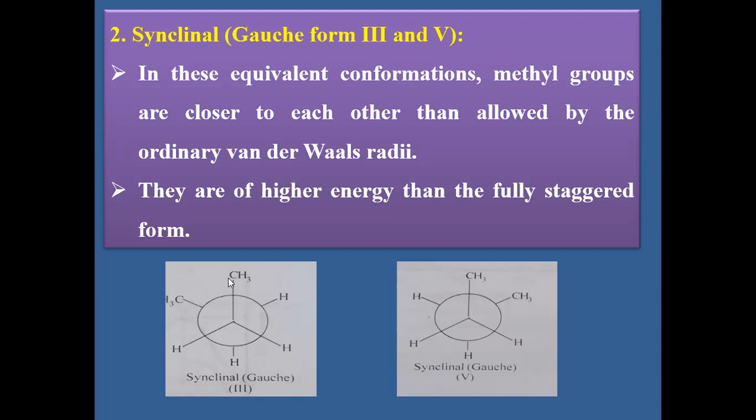That's why there is a repulsive interaction, but that repulsive interaction is not high. That's why this synclinal form or gauche form is less stable than the fully staggered form, meaning number 1 which we saw.